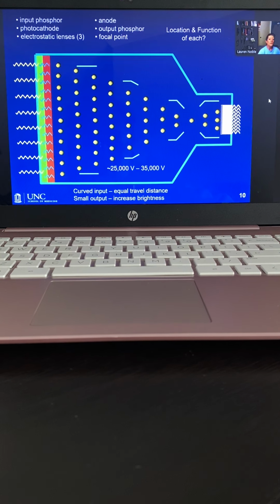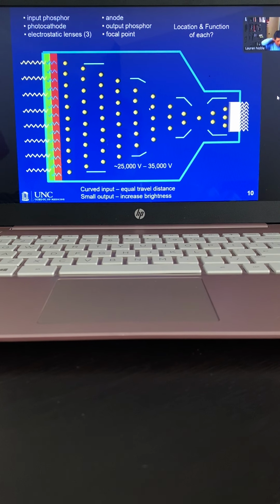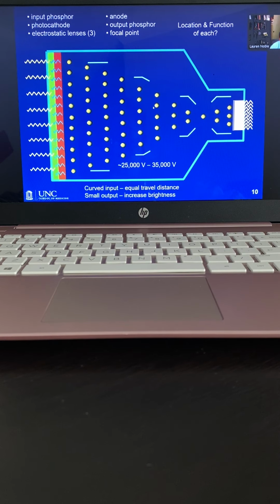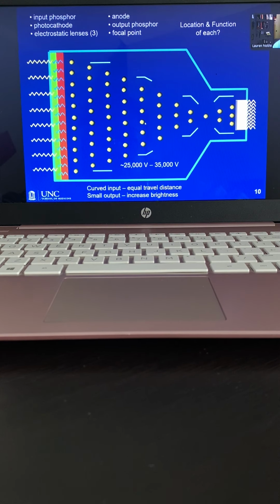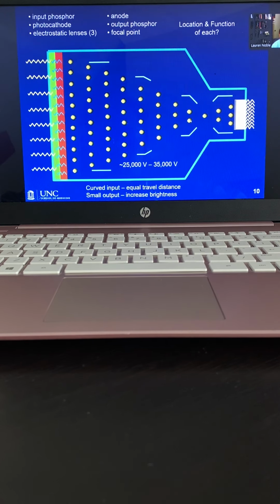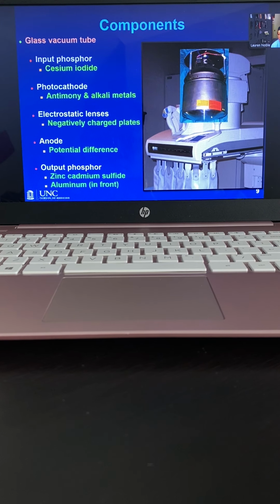Okay, so here we've got this graphic representation of the image intensifier. Let me point out though, if you look here, you see how there is curvature to the image intensifier.